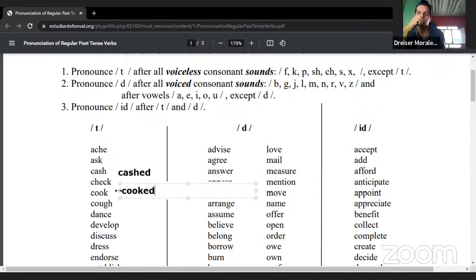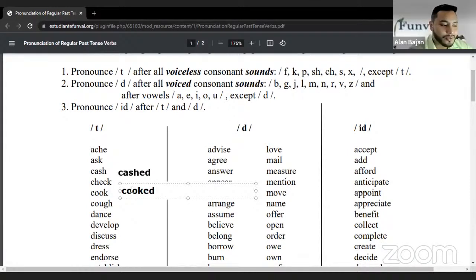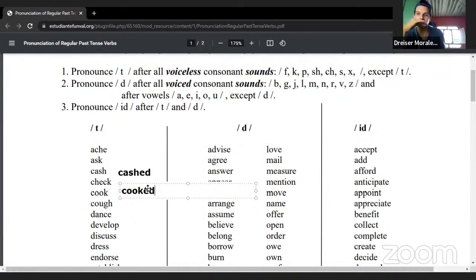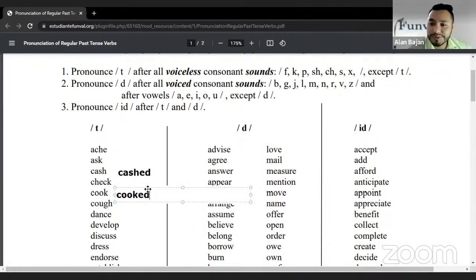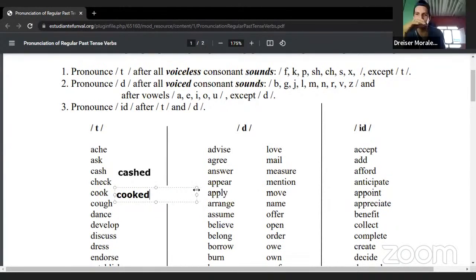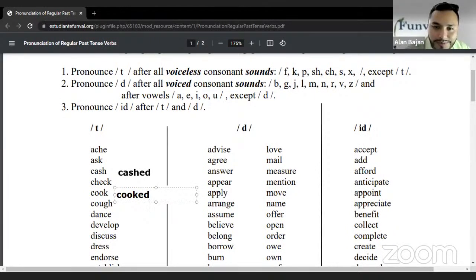Cashed? No, I said cooked. Good. Cooked? Is that the pronunciation in past? No, it is cooked. Repeat, cooked. One more time, cooked.